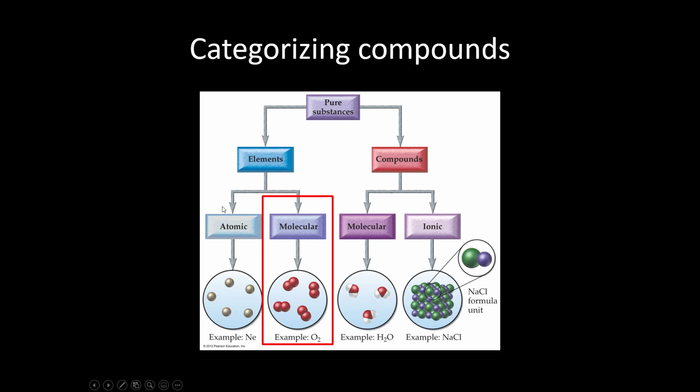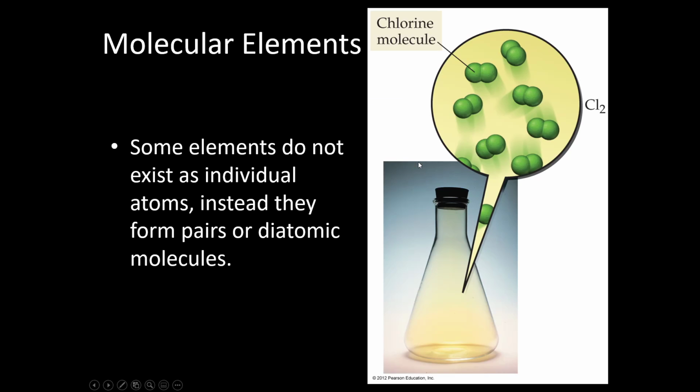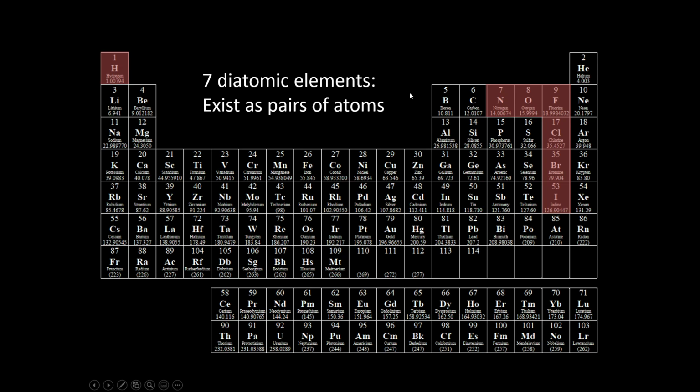You should be able to recognize whether you have an atomic element, a molecular element, a molecular compound, or an ionic compound, because you'll need to be able to do that to name stuff later. More specifically, by the way, you should for sure know the 7 diatomic elements.